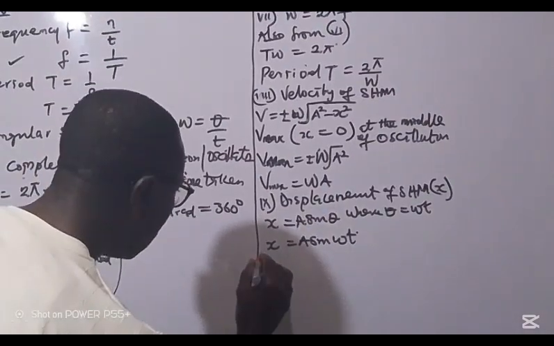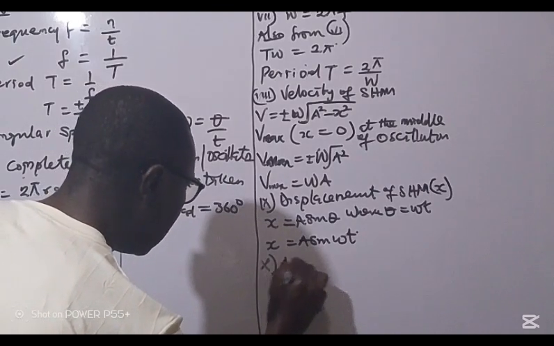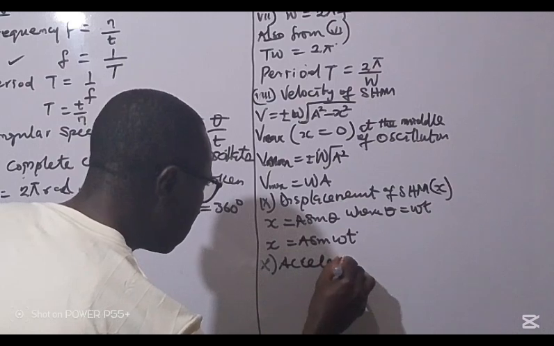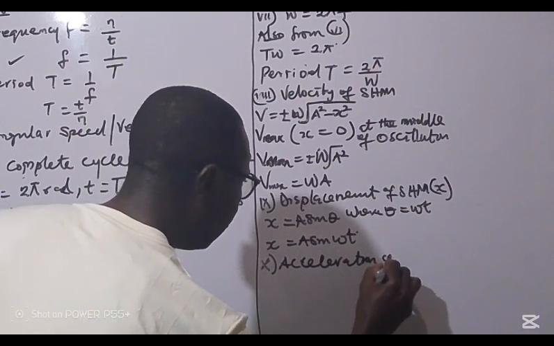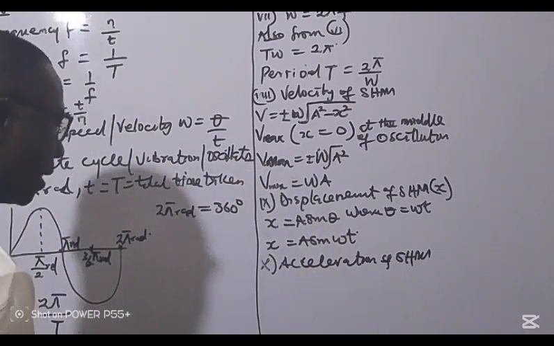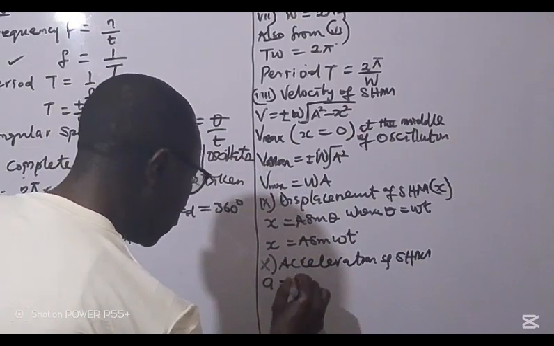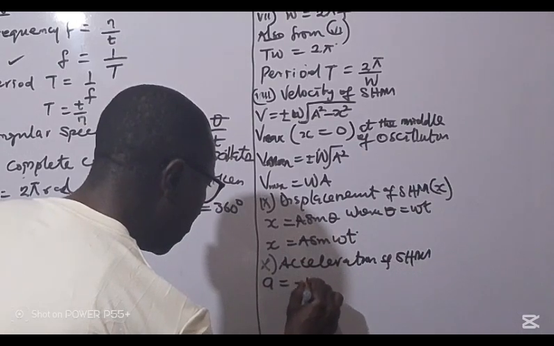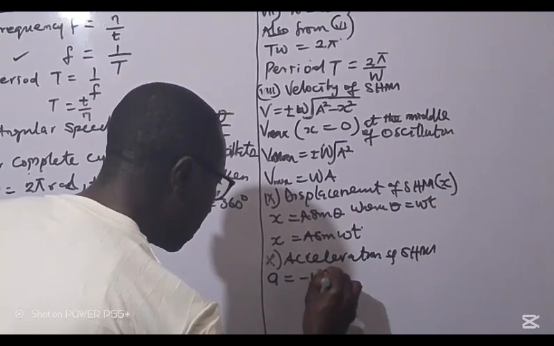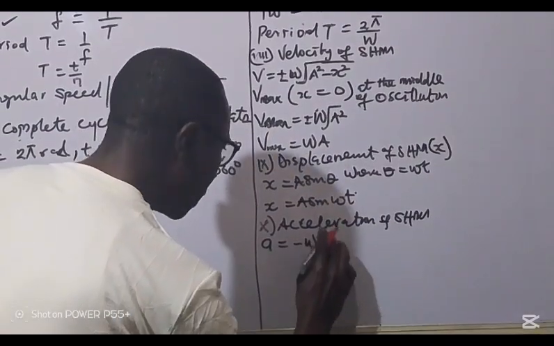Last one, which is number 10, is acceleration of SHM. And we said by then, acceleration of SHM, A, will be equal to minus omega squared s.